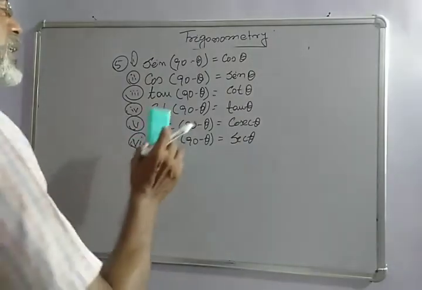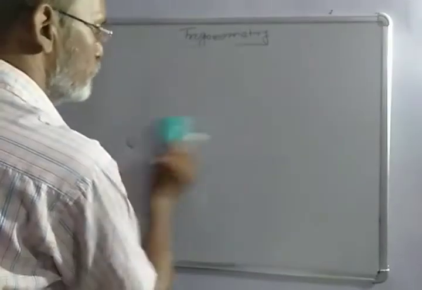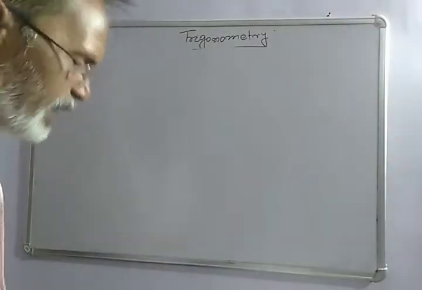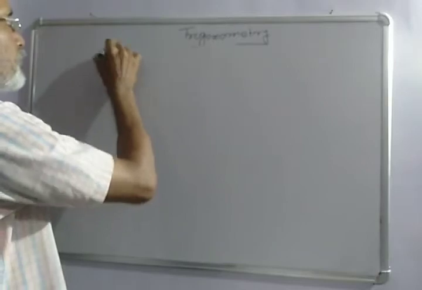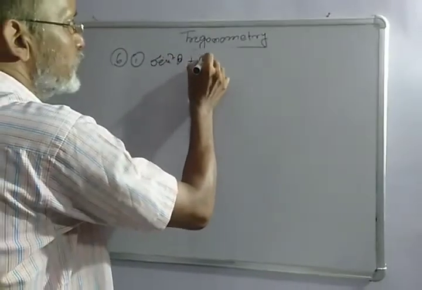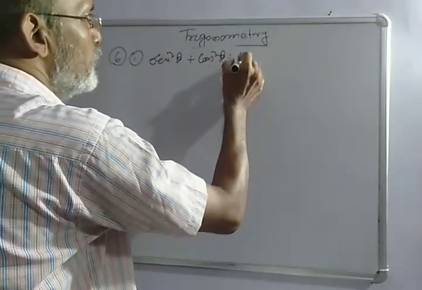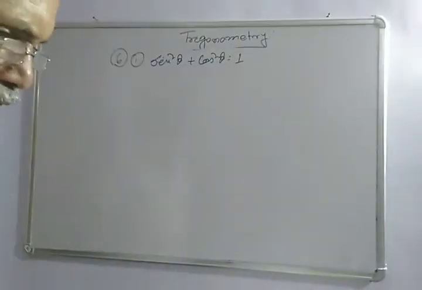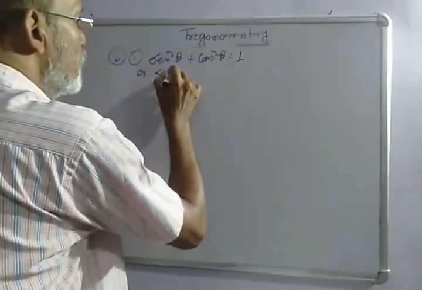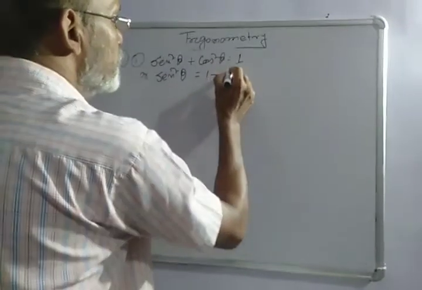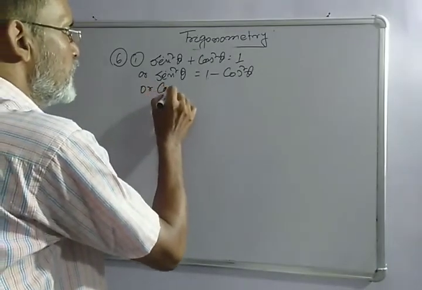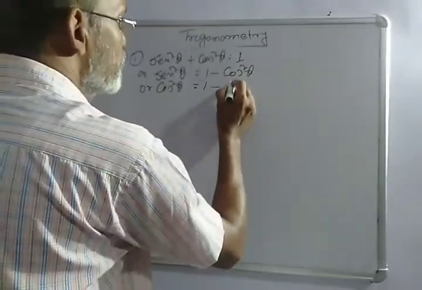Number 1: sin square theta plus cos square theta is equal to 1, or sin square theta is equal to 1 minus cos square theta, or cos square theta is equal to 1 minus sin square theta.